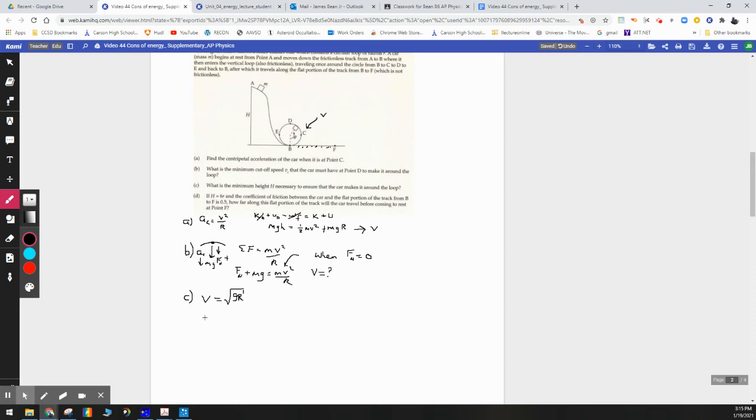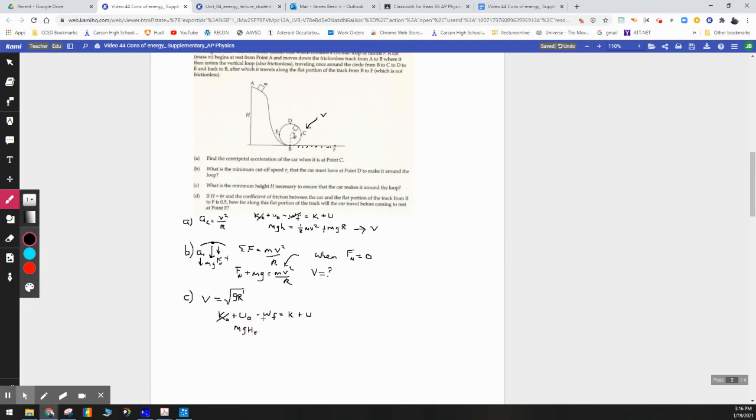Again, we'll start with kinetic energy initial plus any potential energy initial minus any work done by friction is going to equal the final kinetic energy plus the final potential energy. Starting from rest, that means the initial kinetic energy is gone. Our initial height will give us mgh0, and we'll call it h0 for our initial height.